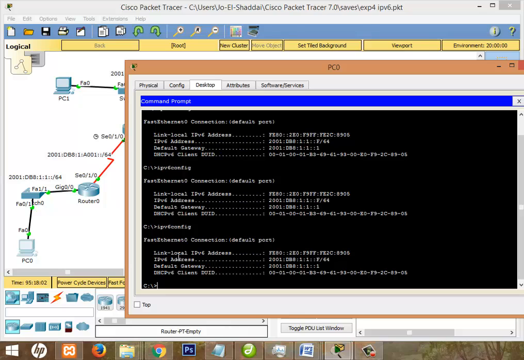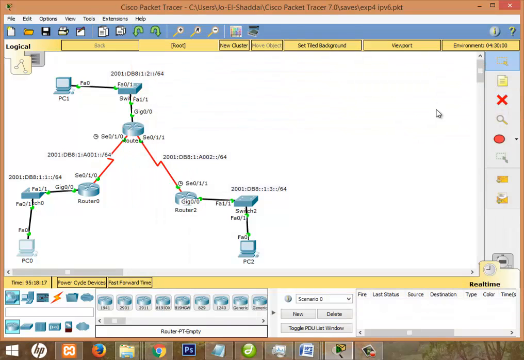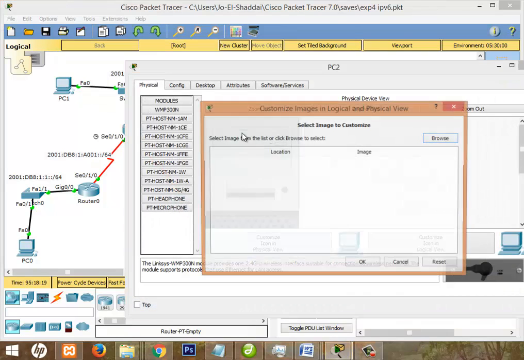I already tried two times before to see whether it's working or not. As you can see here, for that particular PC, it shows the IPv6 address, the default gateway, and the particular clients. We can do this for the other connected PCs also.